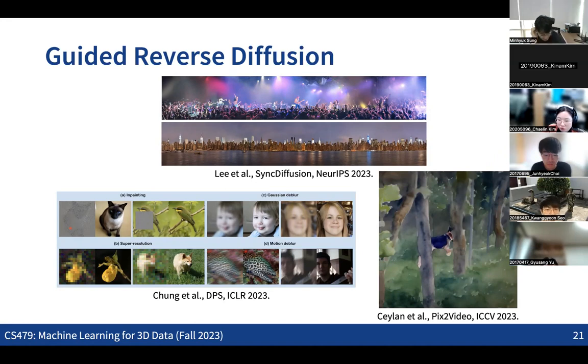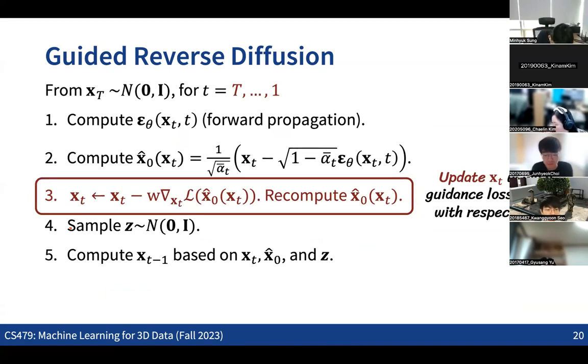Basically, we are adding guidance because we want to see a final output that satisfies a certain condition. And the condition is now given as a loss function, the objective function in this process. So that's the basic idea for the guided reverse process. Any question on this?